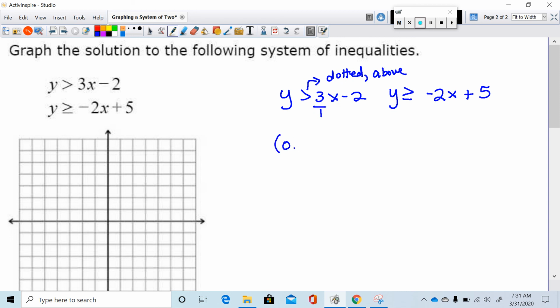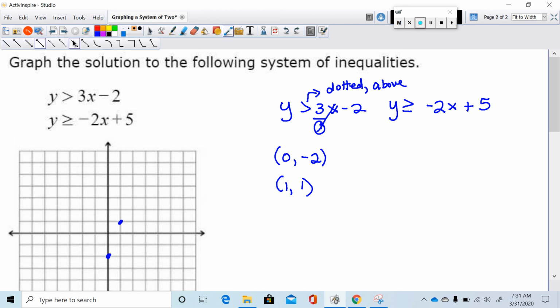Okay, so 0 and the number that doesn't have a letter attached. And then my denominator scratches out the x. 3 take away 2 is 1. Okay, 0, -2, and 1, 1. And I am going to use a dotted line and color above it.